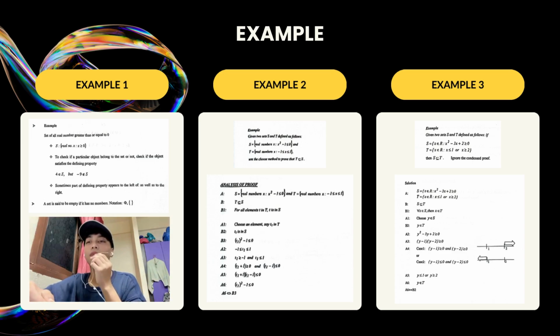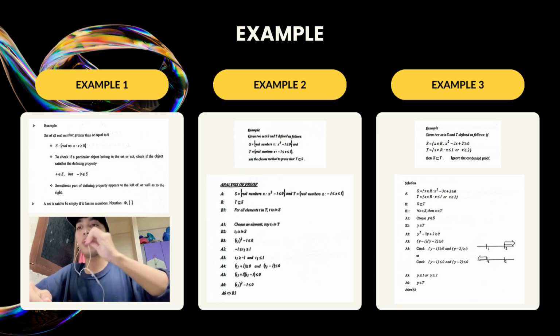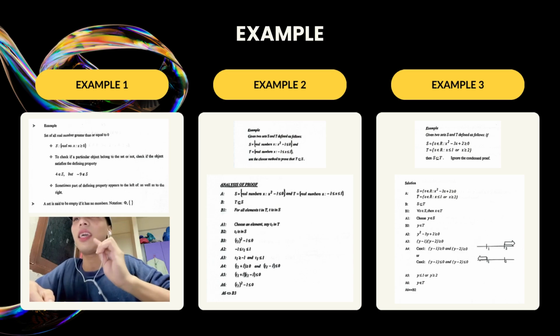Okay, the last example. The question is: given sets S and T defined as follows, S is the set of x, an element of R, such that x squared minus 3x plus 2 is greater than 0, and T is the set of x, an element of R, such that x is less than 1 or x is greater than 2.